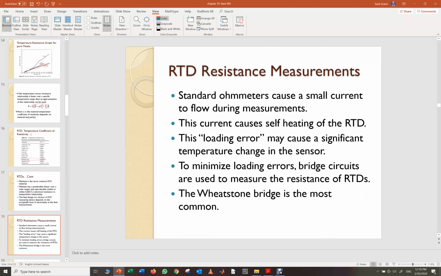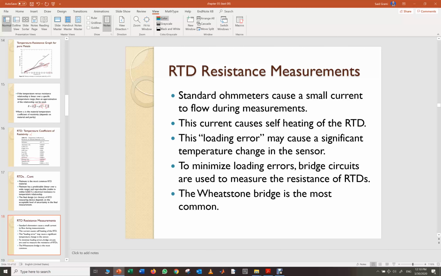RTD resistance measurement. With a standard ohmmeter, you cause a small current to flow during measurement. This current causes self-heating of the RTD. This loading error may cause a significant temperature change in the sensor.